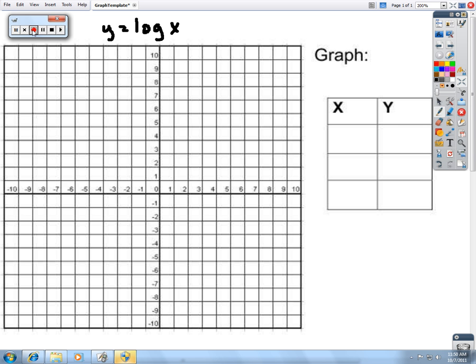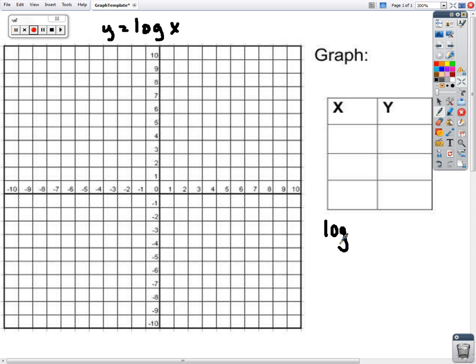If you just type in log of 1 into your calculator, you would get 0. So if this is the formula that I'm using here, I've plugged in 1 for x, and I got 0 for y. So when x equals 1, y equals 0, so there's going to be a point right here.